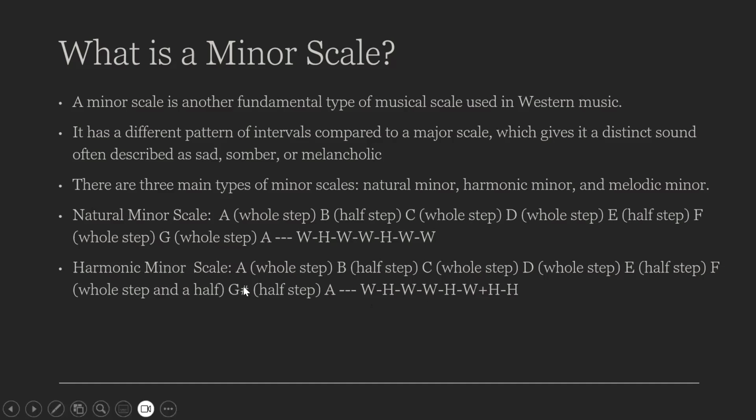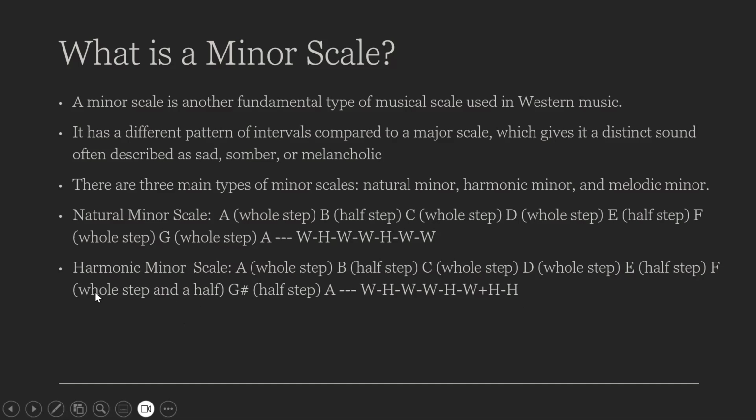Why? Because if you look at it from the letters of the minor scale, A to B is a tone. B to C is a semitone. C to D is a tone. D to E is a tone. E to F is a semitone. But F to G sharp, we have a whole step and a half.